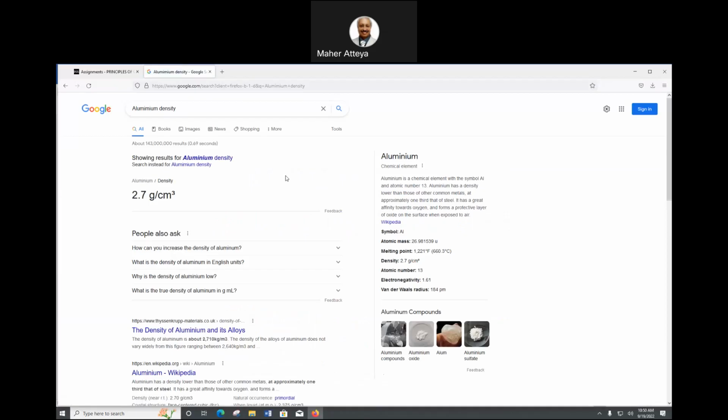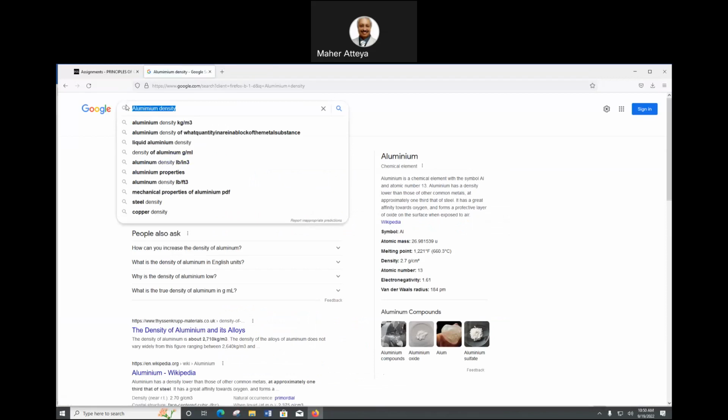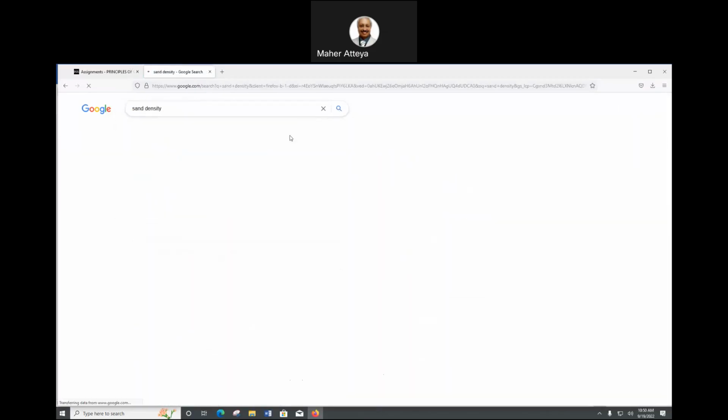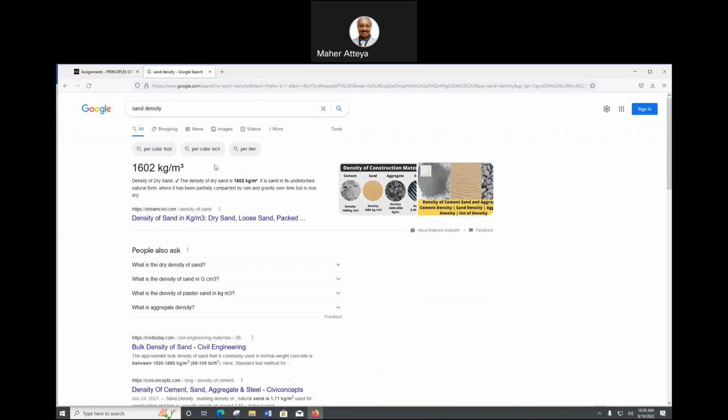Right? I am looking at the sand. Sand is silicon dioxide. Well, the sand density will depend on what type of sand and from what places you have taken it, from what ocean, whatever that really is. But generally, sand is, you can see, is heavier.